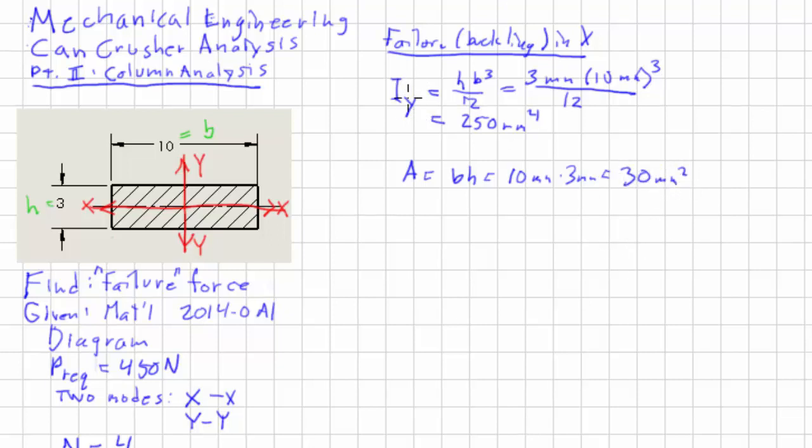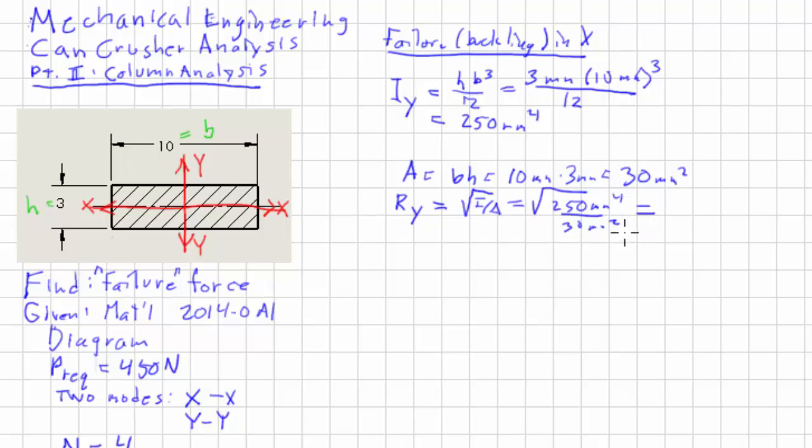Now we've got I and A. We can calculate R. R across the y-axis is the square root of I over A, and that is the square root of 250 millimeters to the fourth all over 30 millimeters squared.